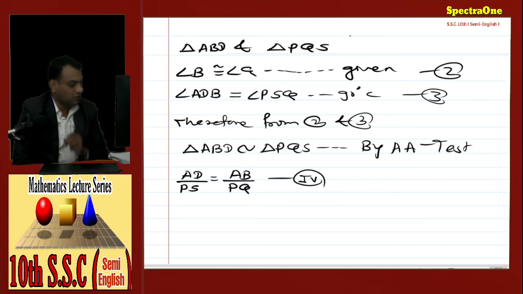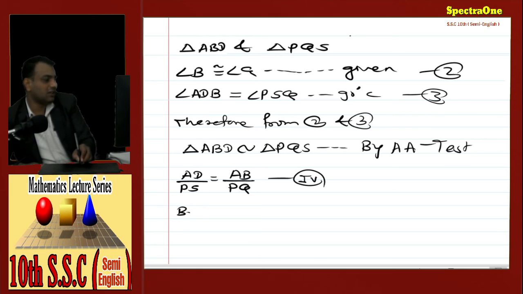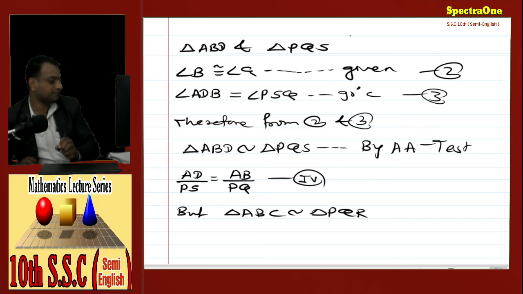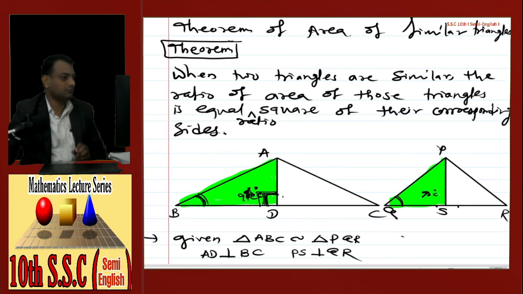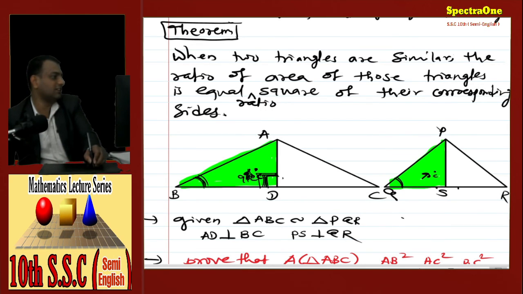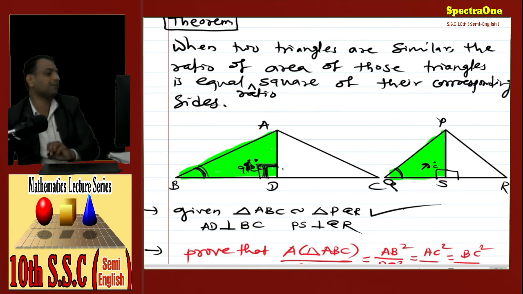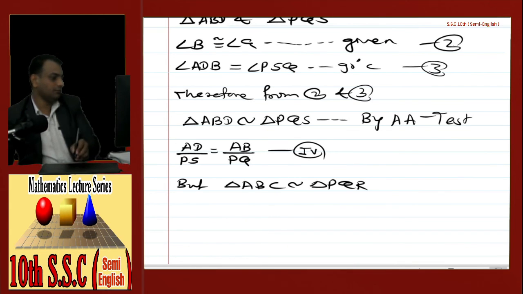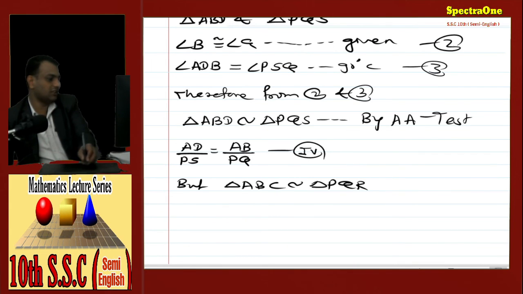But AD upon PS equal to AB upon PQ. But triangle ABC is similar to triangle PQR, that is given.